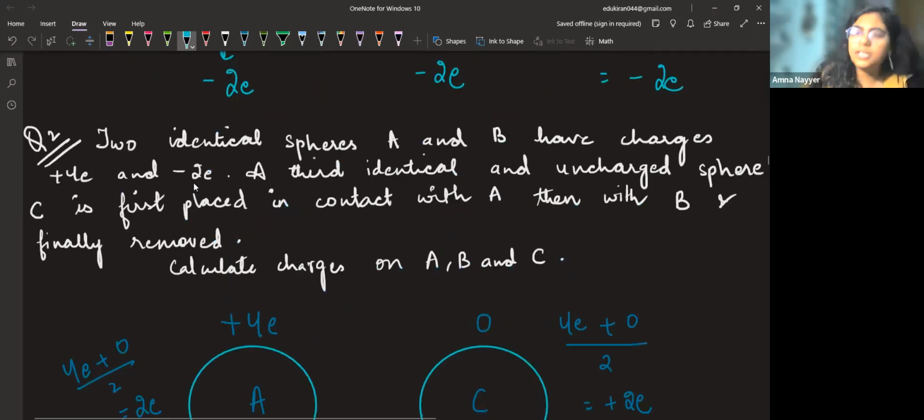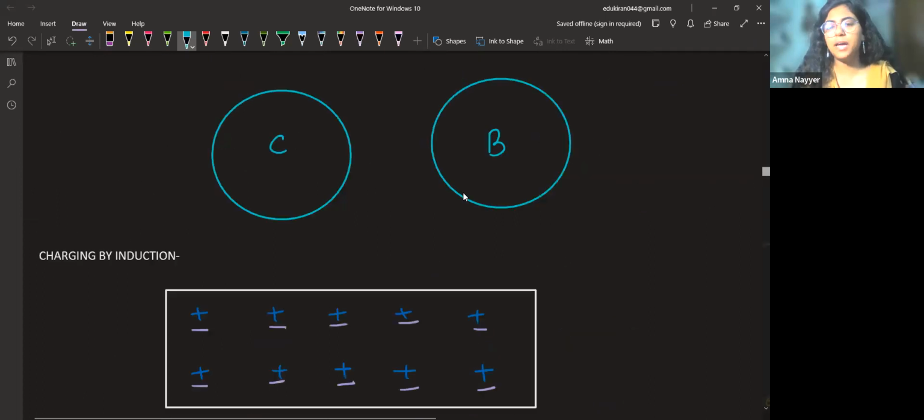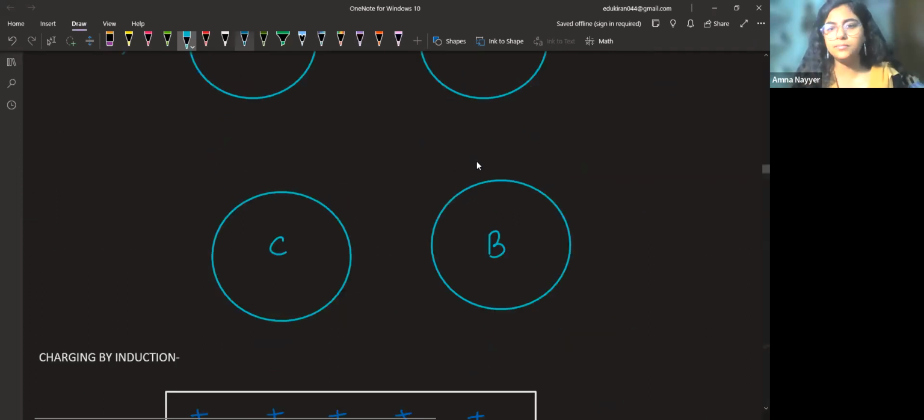Minus 2E. This was given in the question that the charge on body B is minus 2E.